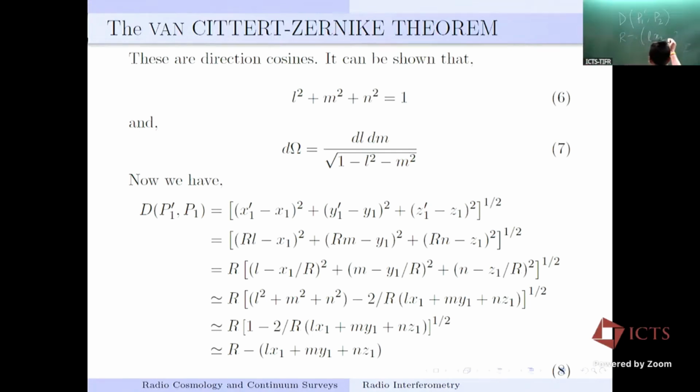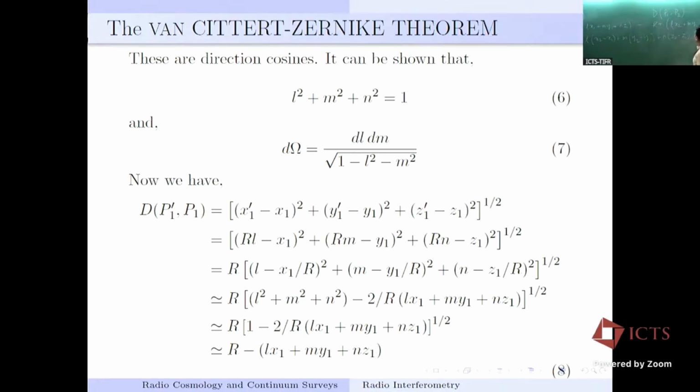Now if I subtract these two, this R and this R will get cancelled, this minus will become plus, correct? So L into x2 minus x1, plus M into y2 minus y1, plus N into z2 minus z1.